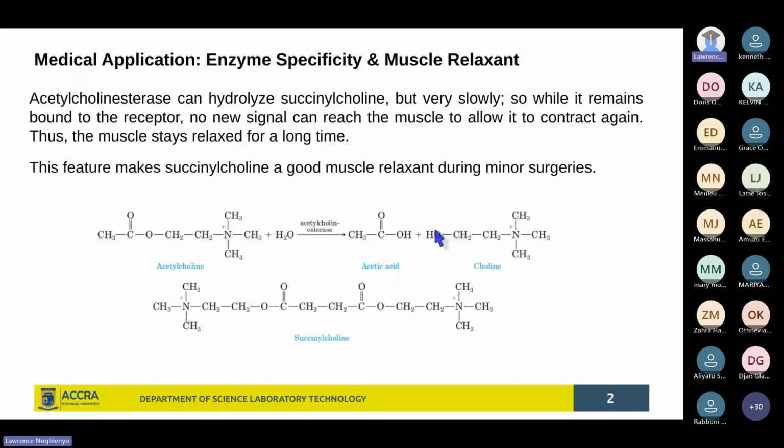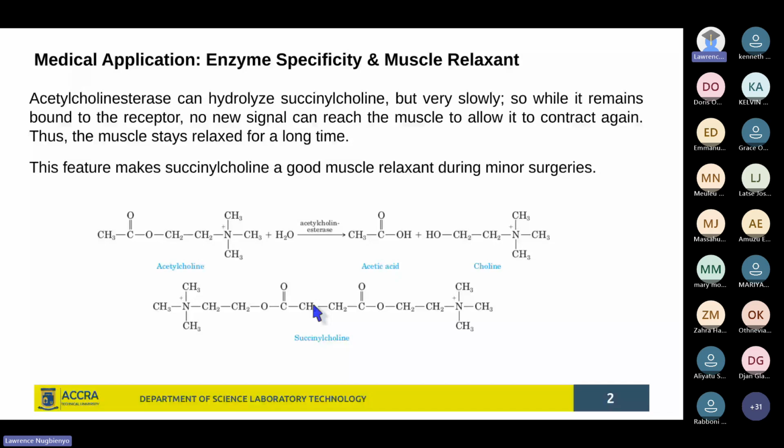it takes much longer time for succinylcholine to be hydrolyzed into acetic acid and choline by acetylcholine esterase. So in that manner, for minor surgeries that are being conducted when succinylcholine is injected into the muscles, the muscles will be relaxed for the period of the surgery.